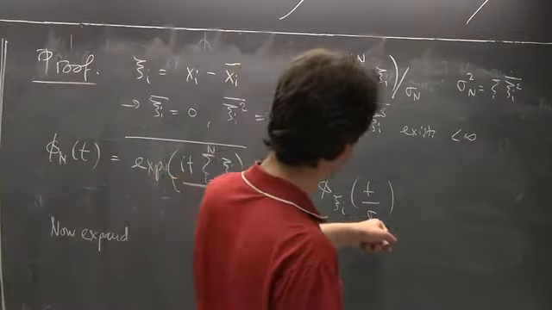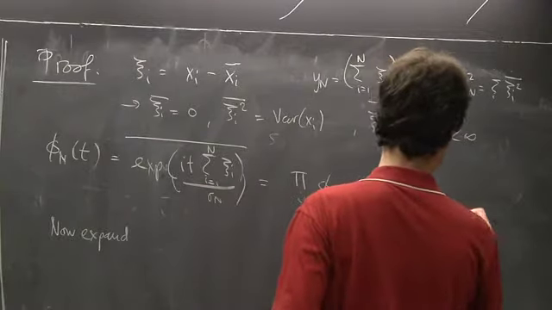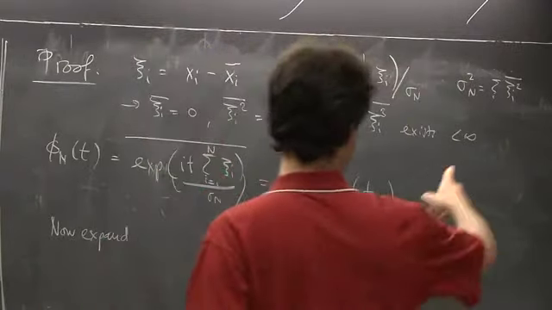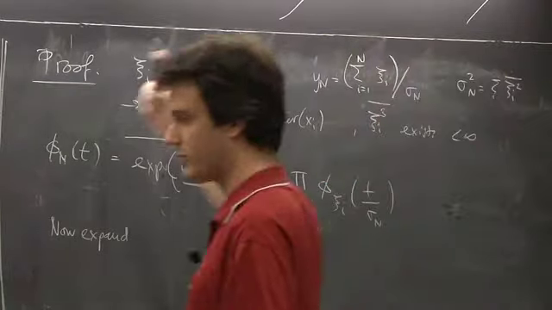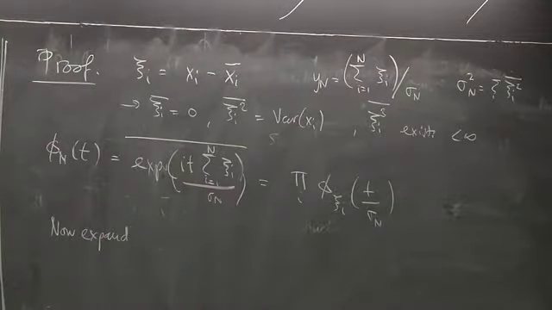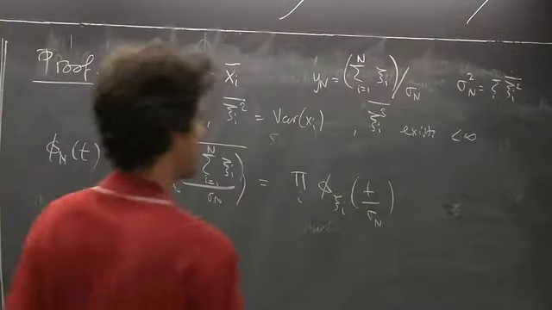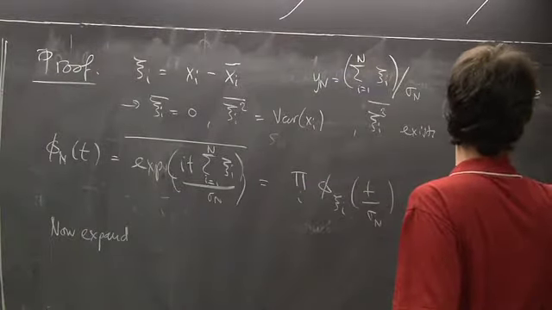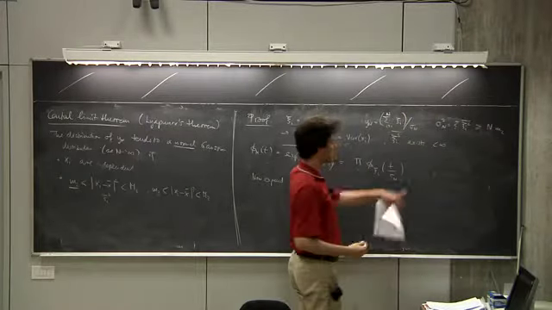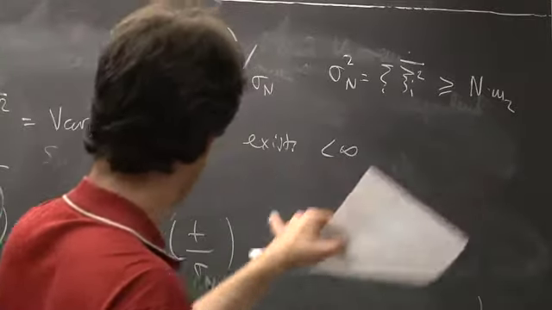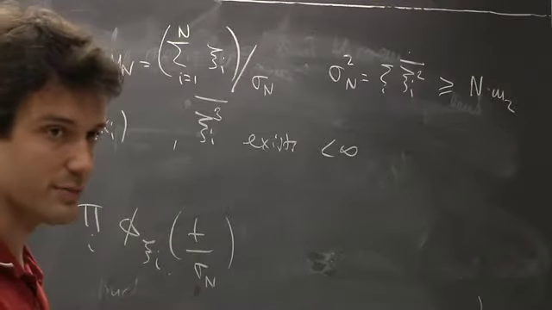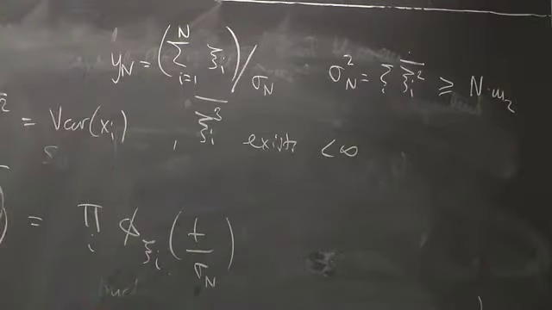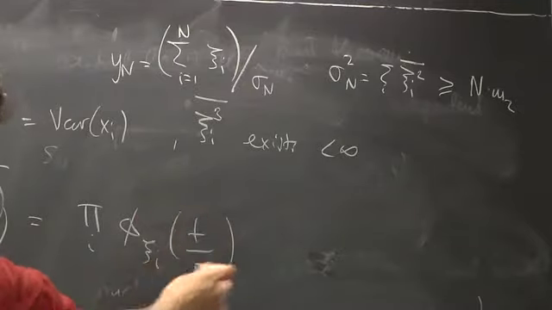Now what we use is that sigma n squared, due to my assumption here, is at least n times m2. So this becomes very large. It stands in the denominator, so the argument becomes very small, and when something is very small, a physicist just expands. So you expand in this argument.